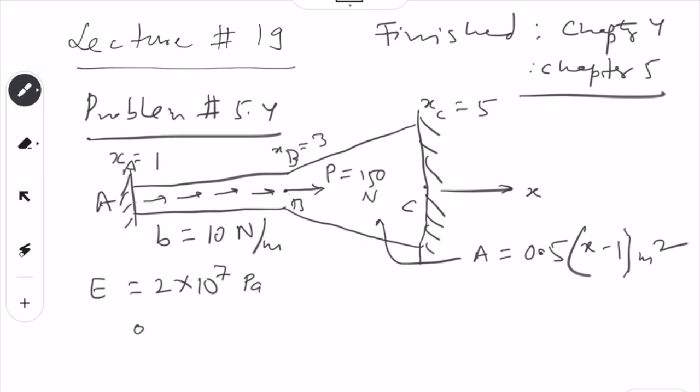So when x equal to 3, you get 3 minus 1, which is 2, times 0.5, and that becomes 1 meter square.